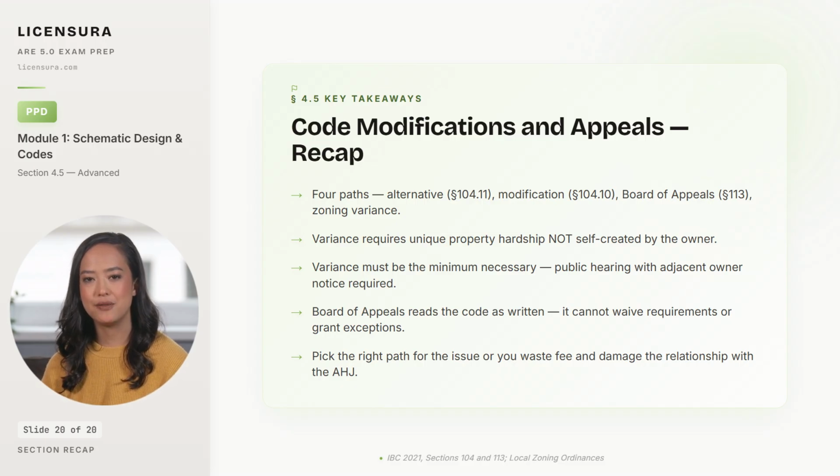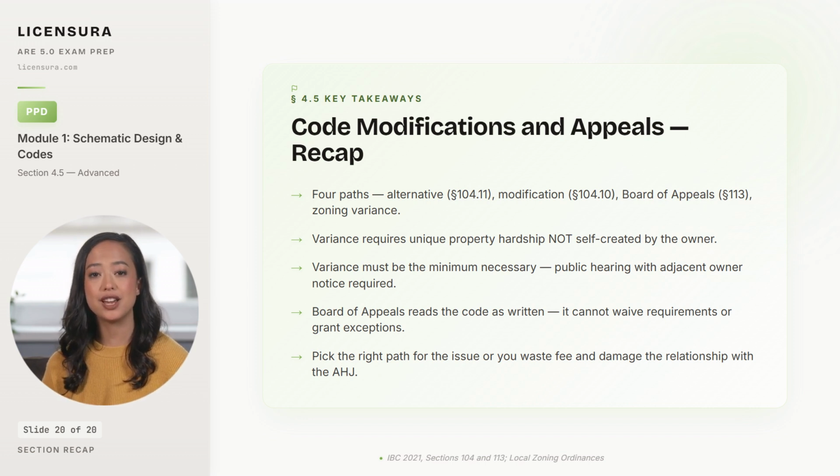Second, a zoning variance requires a unique property hardship, irregular topography, lot shape, size, or location, and the hardship cannot be self-created by the owner. Third, the variance granted must be the minimum necessary to afford relief, and a public hearing with formal notice to adjacent property owners is required before the variance is granted.